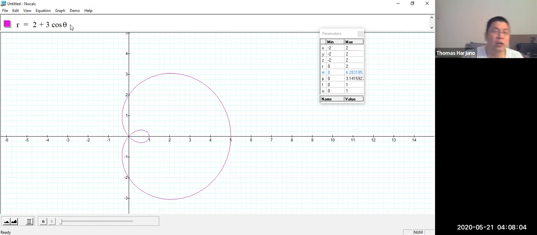Okay. Now here's the thing though. In my calculus 2 classes, I have some students who, when they see this, don't know what it looks like. I don't need them to be very precise, but at least have some feeling.